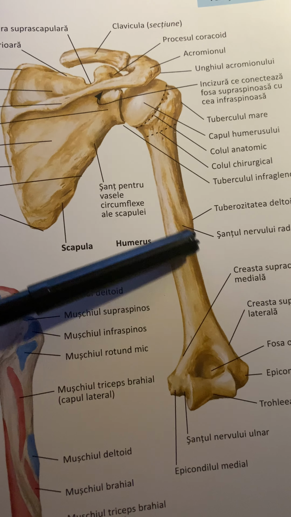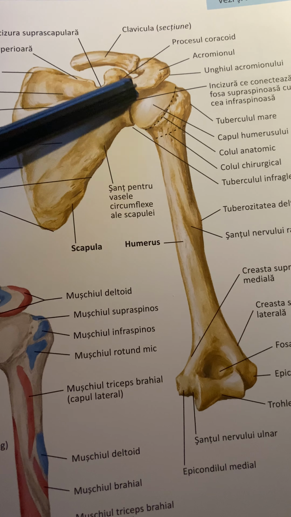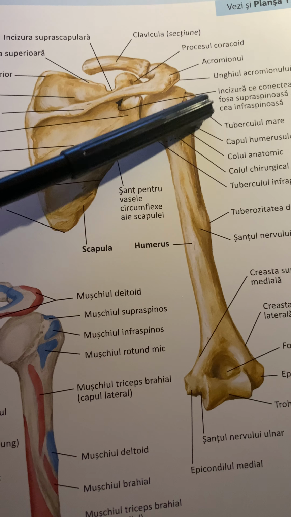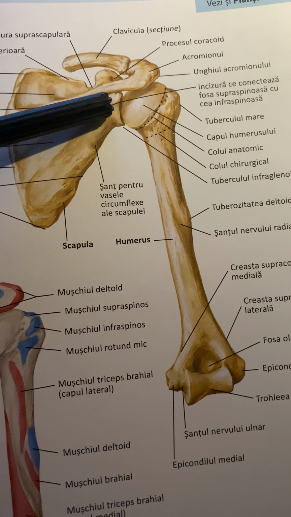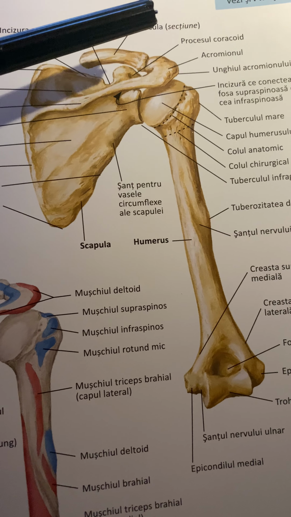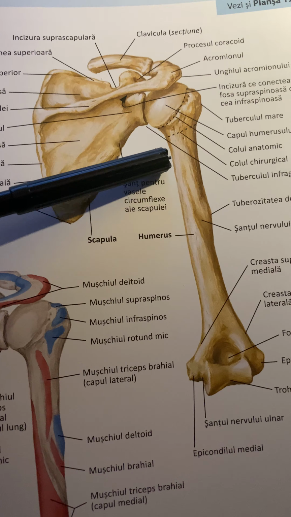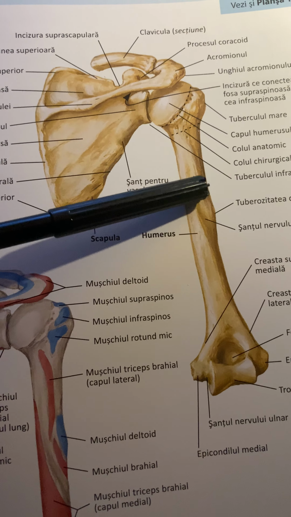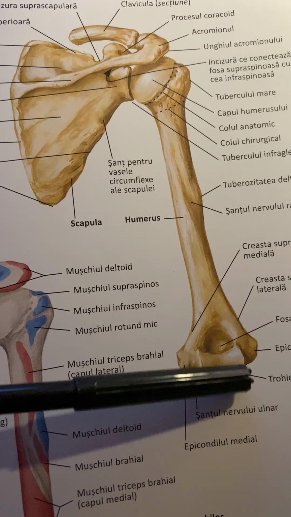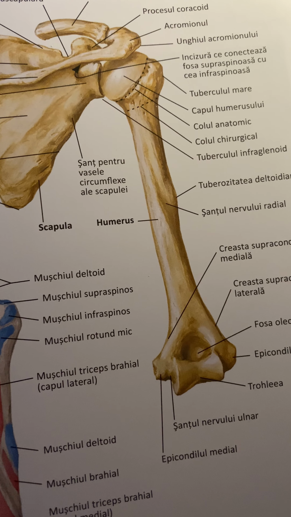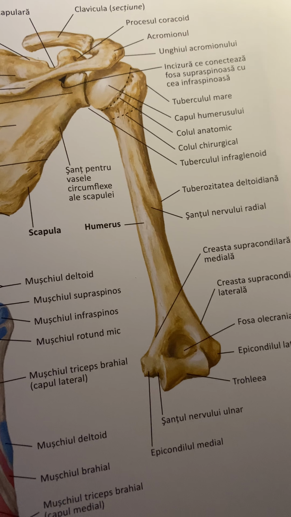This is placed here because the radial nerve is going to come over here and actually come from the anterior part, from the brachial plexus, to migrate here on the posterior side of the humerus and eventually innervate all of the posterior muscles of the arm, the forearm, and even the dorsal muscles of the palm.